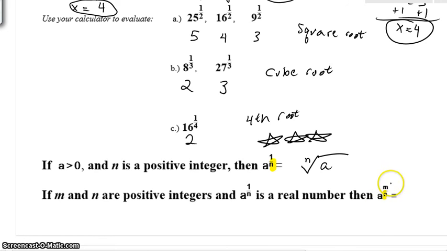Similarly, if I gave you a to the m over n, you'll have the nth root of a, but now we're going to raise that up to the m power. Notice m is up high, it's in the numerator. N is down low in the denominator. N always goes in that little crevice where we write our index. Know these. We're going to have questions asking you to really convert from one form to the other.